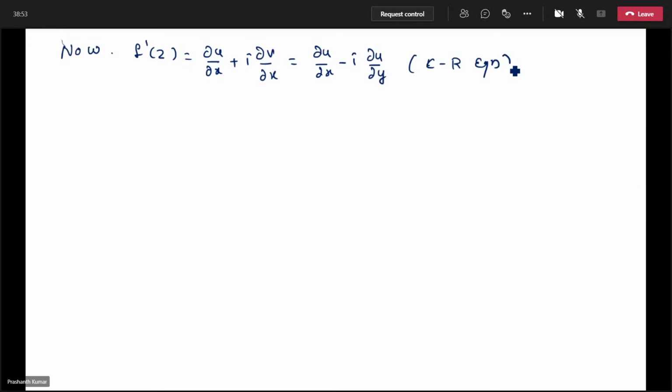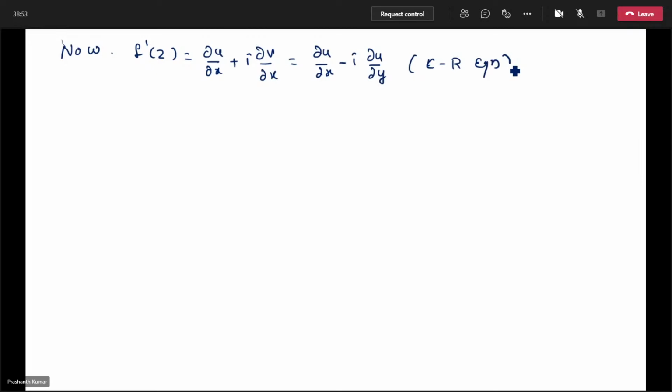Consider u plus iv. This is the way we find it. Okay. So this is the theory of Milne's method, but in the examination they won't ask the Milne's method theory.